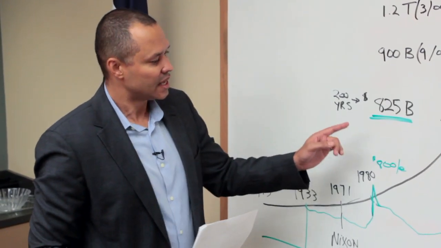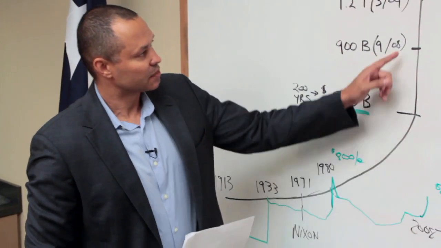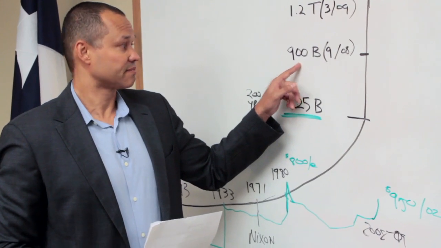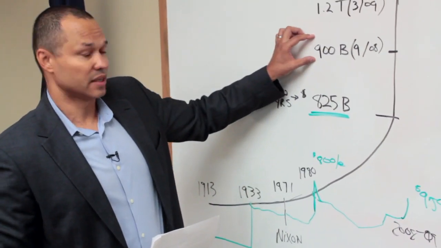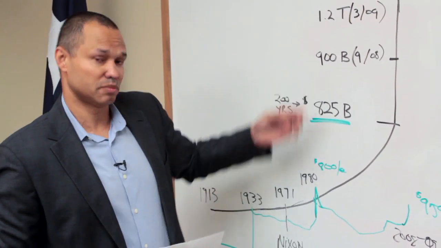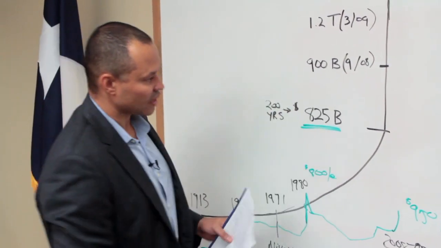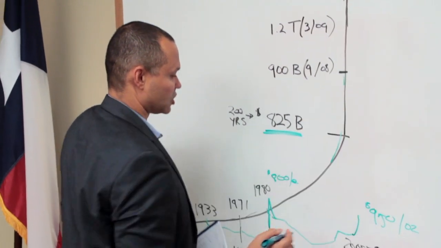Then in September of 2008, we had the Freddie Mac and Fannie Mae bailout. When that happened, the government printed an additional $900 billion and put it into the U.S. money supply in 2008. Look what's happening to the money supply curve. It's going up.